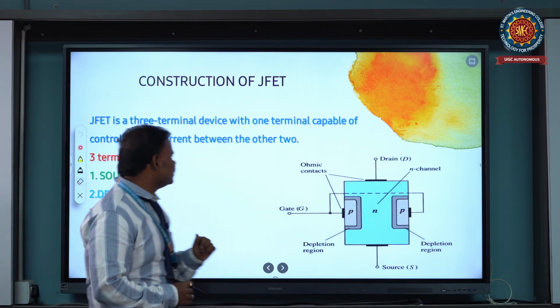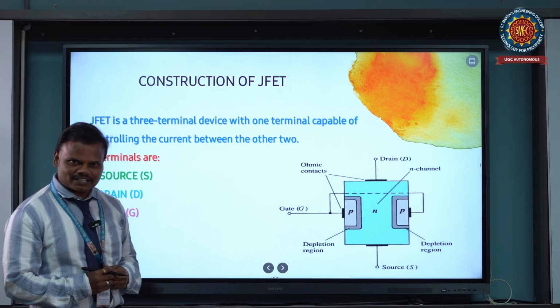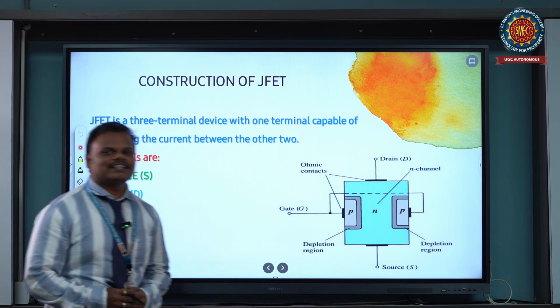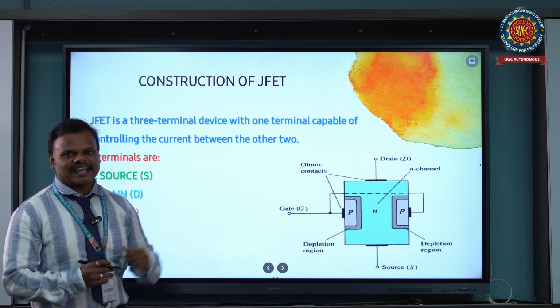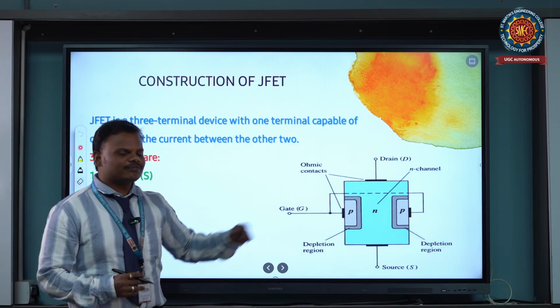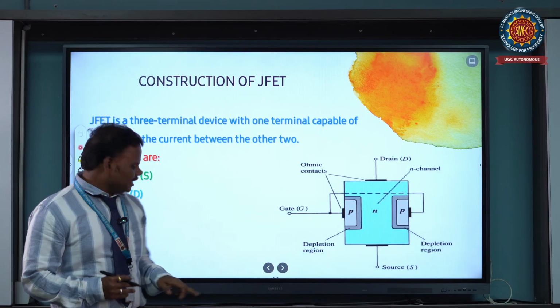It has three terminals: the source terminal, indicated by S, the drain terminal, indicated by D, and the third terminal, the gate terminal, indicated by G.